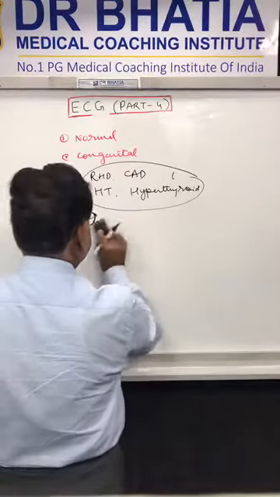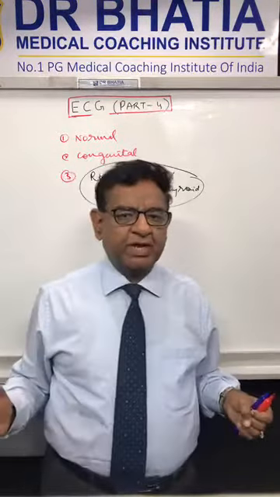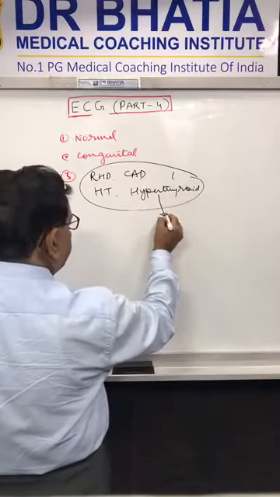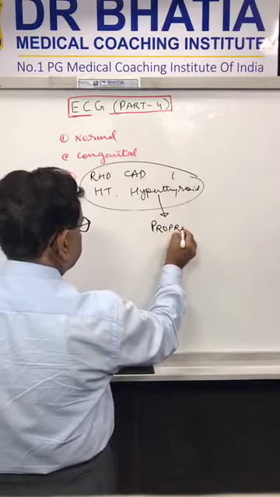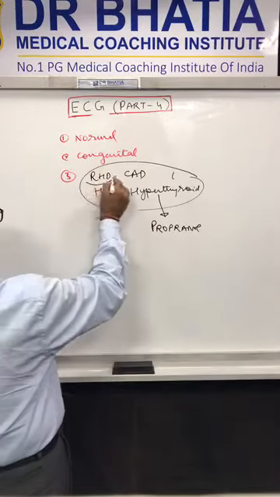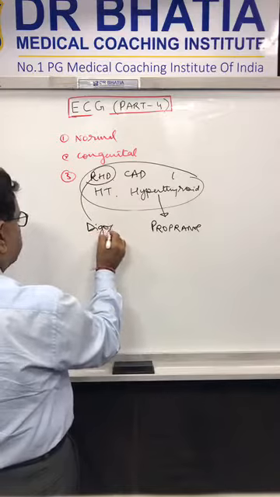And in atrial fibrillation, our first aim is to reduce the ventricular rate. So especially in hyperthyroid, we use propranolol. Otherwise, in rheumatic heart disease, we prefer to use digoxin. Why digoxin?